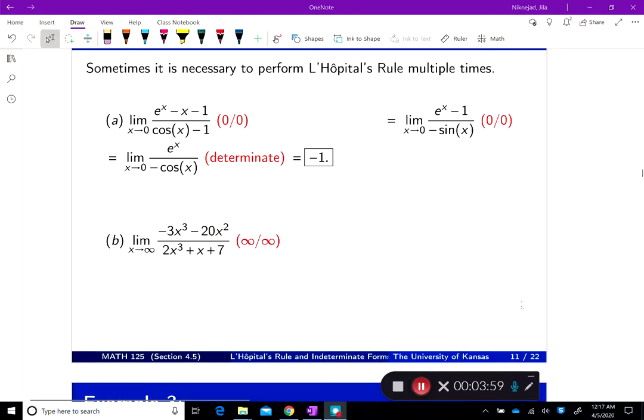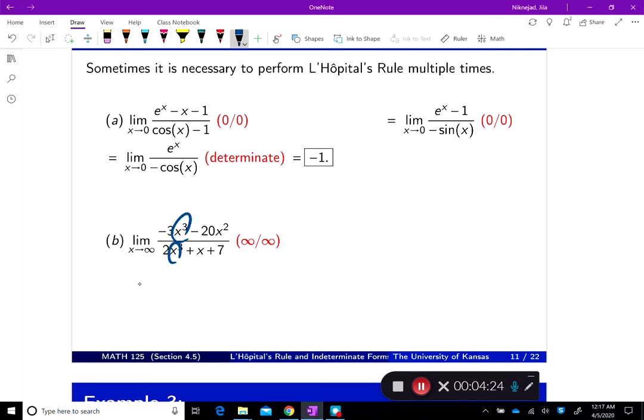So the example that we just did took L'Hopital twice, with 0 over 0. Now let's do infinity over infinity. This one I know the answer: the limit of negative 3x to the x cubed minus 20x squared over 2x cubed plus x plus 7 as x goes to infinity.